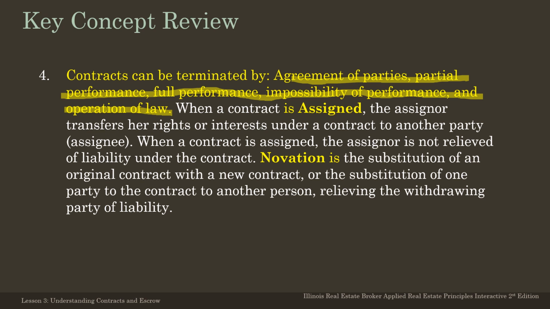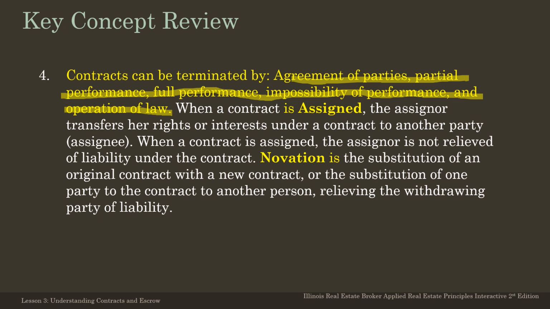We talked about assignments. We talked about novations earlier. Two ways that a contract can be canceled. Assignment simply means that you get somebody else to stand in your shoes, and now your portion of the contract is terminated. You're not under any obligation.